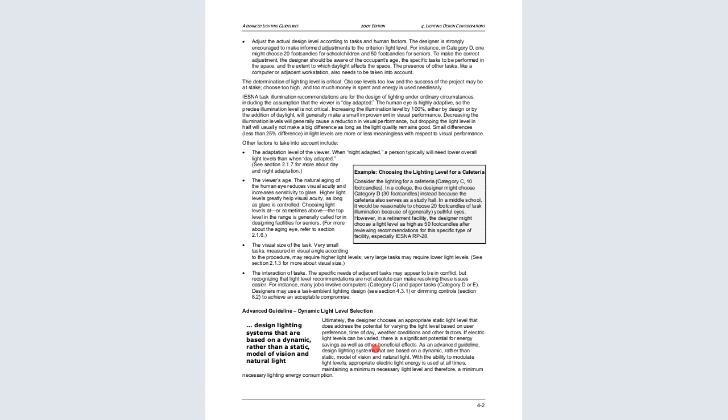Then the viewer's age: the people who are using the room, their age should also be considered. Then the visual size of the task, that is, a very small task, measured by the visual angle, according to the amount of task that needs to be done. And also the interaction of tasks: the specific needs of adjacent tasks may appear to conflict, but the light level recommendations are still needed.